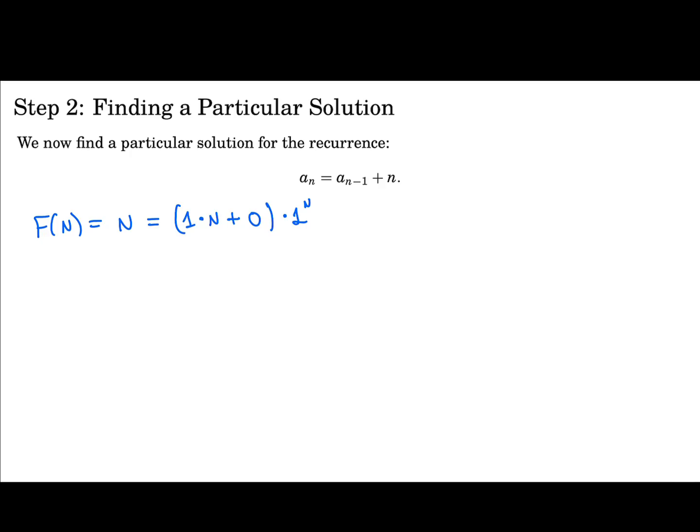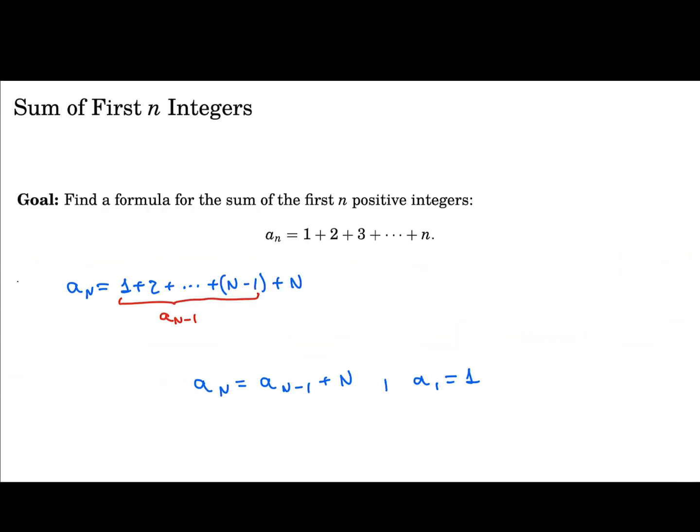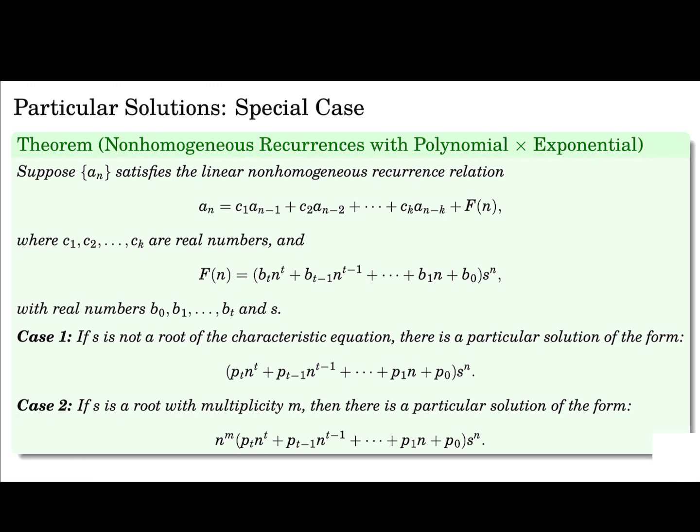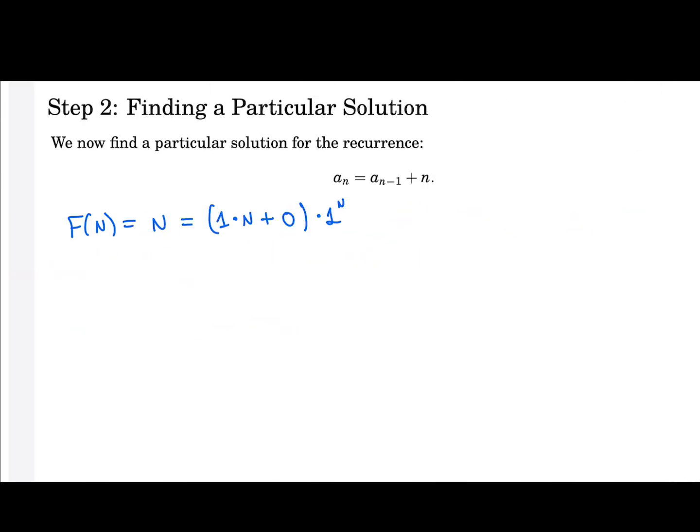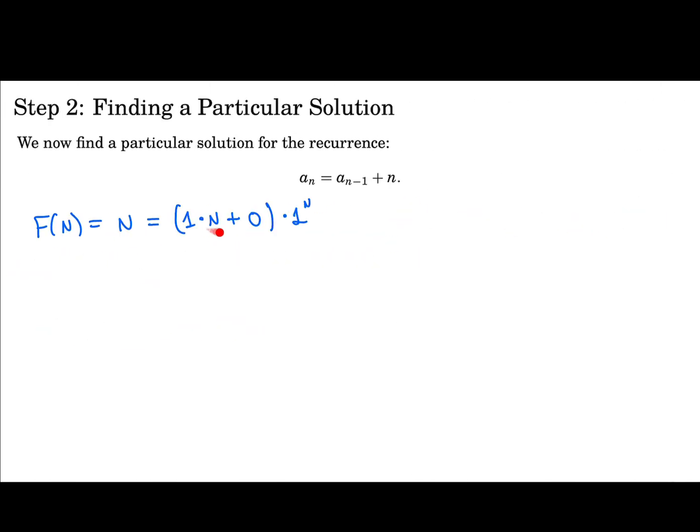Here I'm writing it out in the way that we can use our theorem. When we have particular solutions, if our f of n can be written as a polynomial times s to the power of n, we have two cases to look at. In this case our f of n is a polynomial in n times 1 to the power of n, so this is our s.